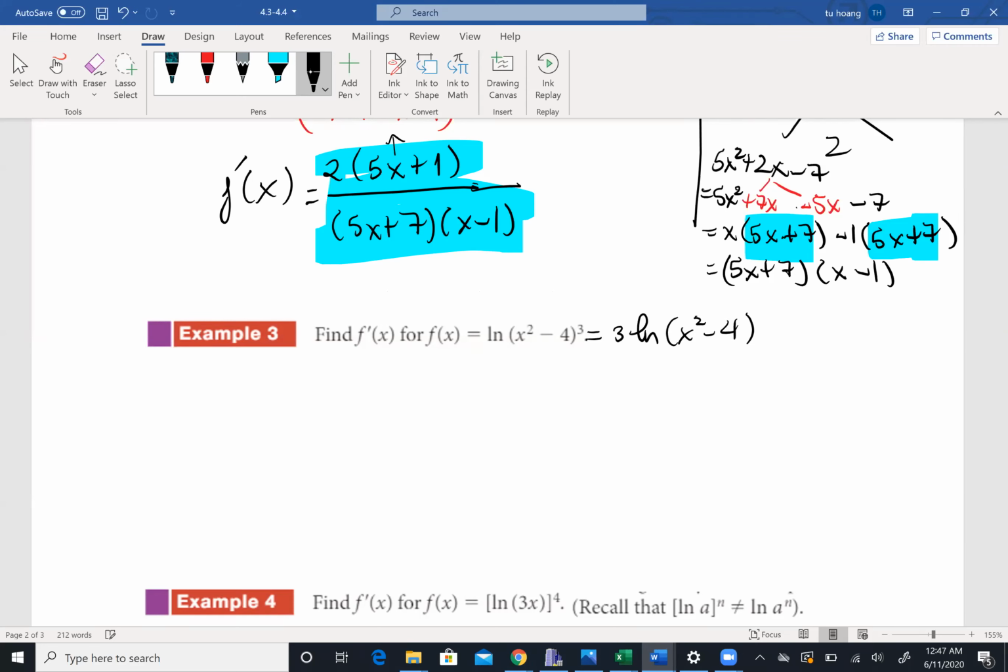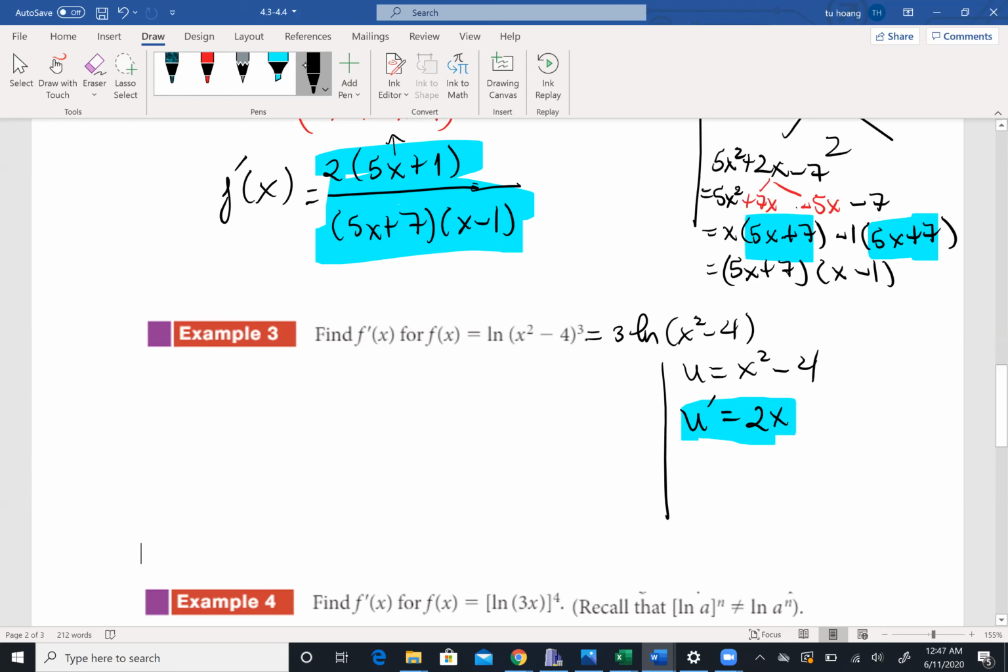And now you can easily have the inside function u equal to x squared minus 4, and take the derivative of that. You're going to get 2x minus 0, so I'm going to get 2x only, and I'm going to label this.